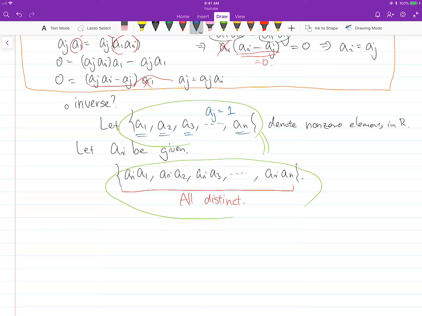Since these two sets are the same, there is an element here, I'm going to call it a_i a_k, such that this is equal to 1.